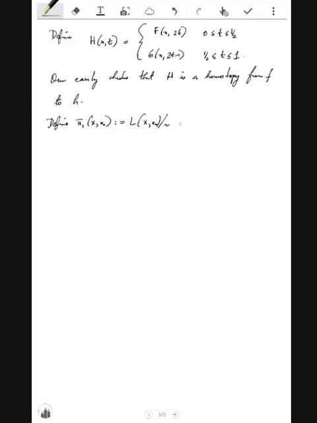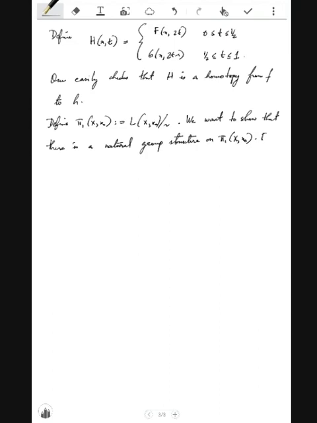So we want to show that there is a natural group structure on pi 1 of X, x0.